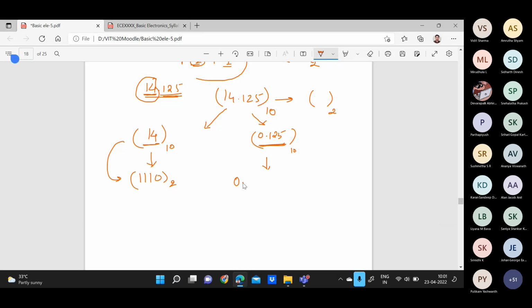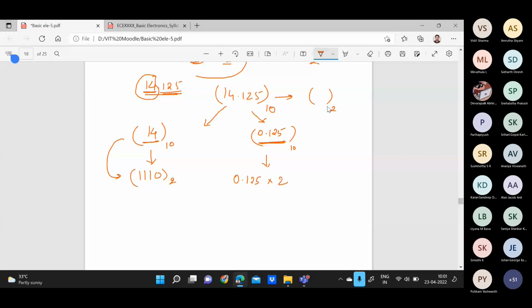You have to multiply with the base. The base is 2, since you need to convert into base 2. So multiply by 2, and you will get 0.25. You need to note down the integer part.